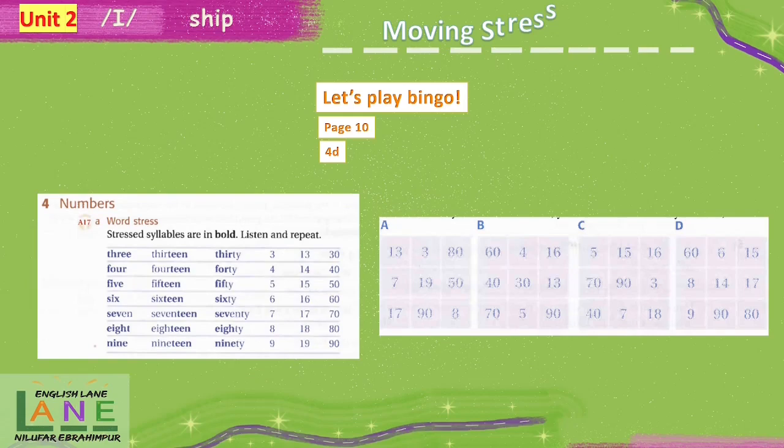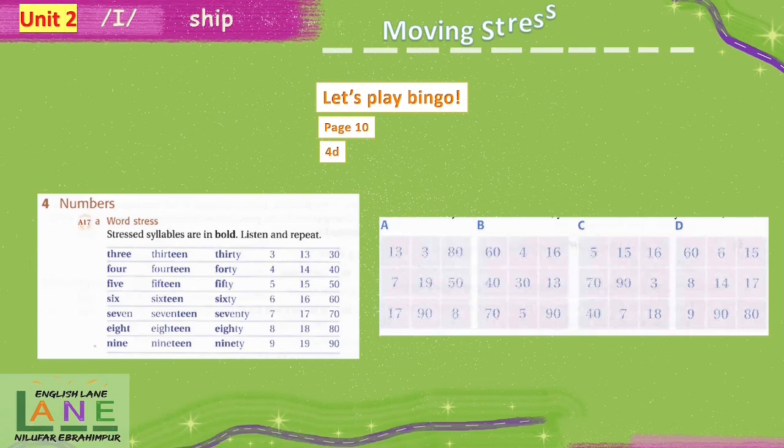I start reading the numbers randomly, and the students try to look at their own square. For example, you have square A, you only look at your square, and you try to cross the numbers that the teacher is reading. And you cross them by paying attention to the stressed syllables.